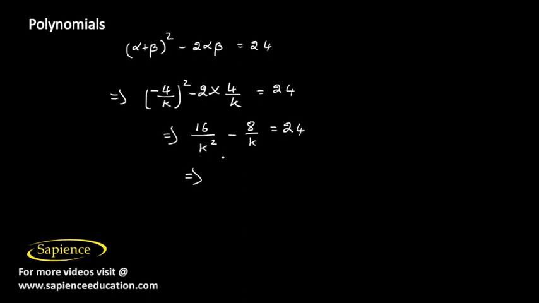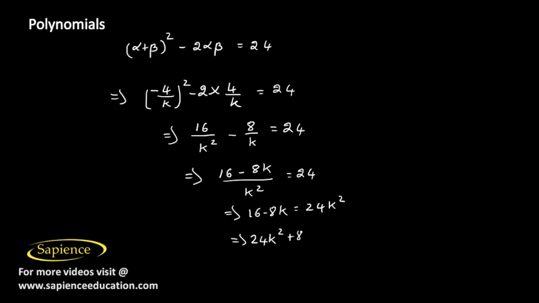This will give us, by cross multiplication, 16 minus 8k divided by k square equals 24, which means 16 minus 8k is equal to 24k square. Taking all the terms to the right hand side, 24k square plus 8k minus 16 is equal to 0.